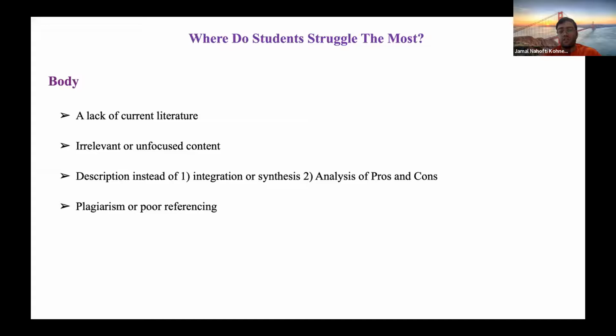And finally, I've seen lots of people doing plagiarism not intentionally, but making mistakes that lead to plagiarism or poor referencing, and I'll explain each of these problems.